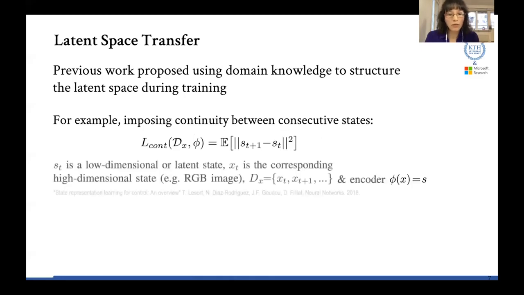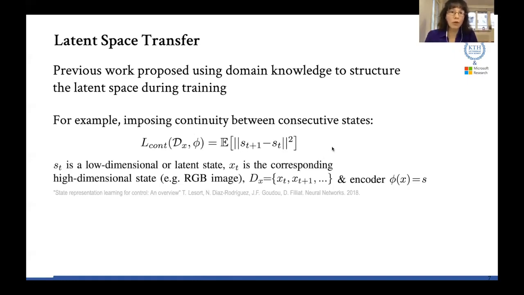One thing that people have suggested is to impose continuity on the latent space. So when we're learning on the target domain, we say, maybe we don't know anything about how the latent space should look like, but we know that consecutive states shouldn't be jumping all around. They should not be too far apart. And this continuity holds for many systems. Of course, we also know that it doesn't hold for some systems.